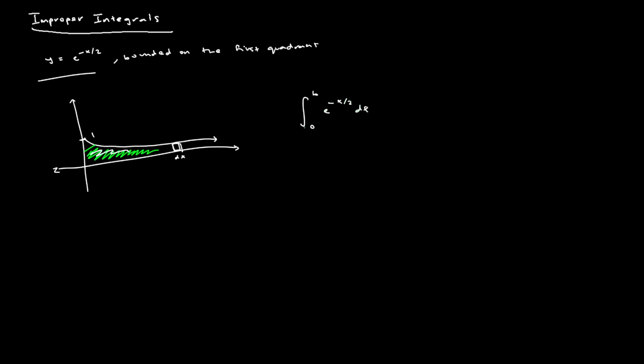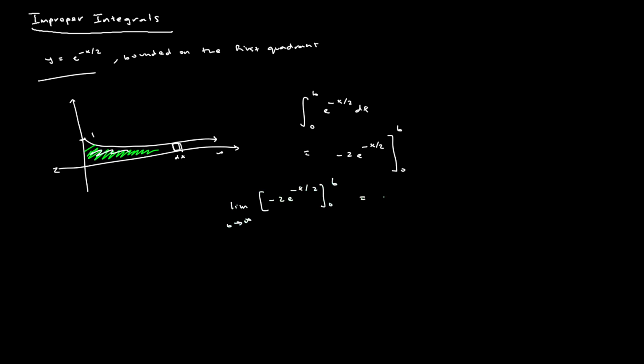If I evaluate this integral, that's equal to minus 2e to the minus x over 2 from 0 to b. And because we want to evaluate this all the way as b tends towards infinity, we'll be using limits. So we'll have the limit as b tends to infinity of this term.